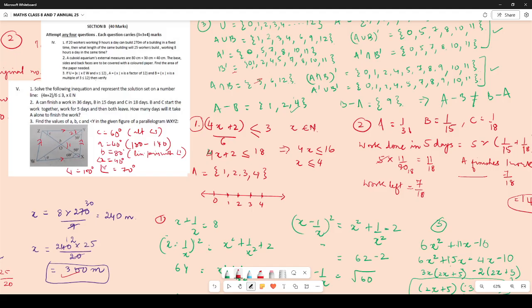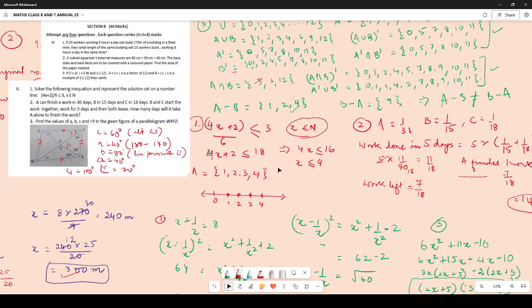When you solve that, you take 2 to this side and you get 4x is less than or equal to 16. So x is less than or equal to 4. Now remember, this belongs to the natural numbers. So we will have 1, 2, 3, 4, and they will be on the positive side of 0. So you will show them this way. This is how it is represented on the number line.